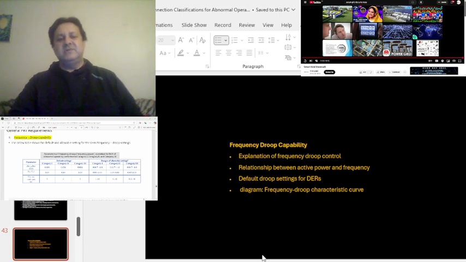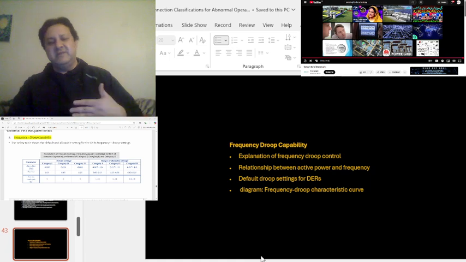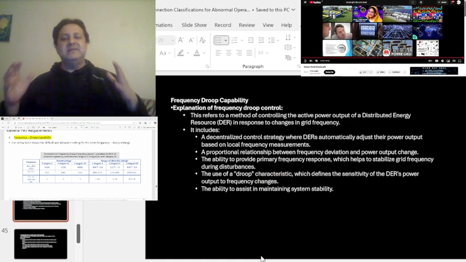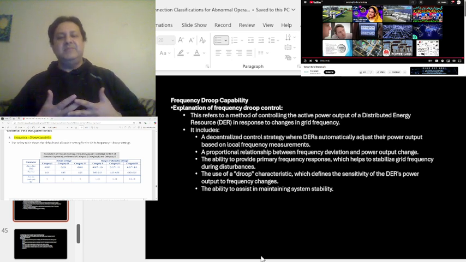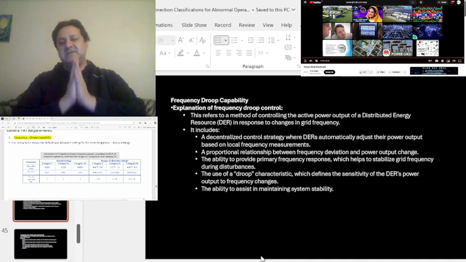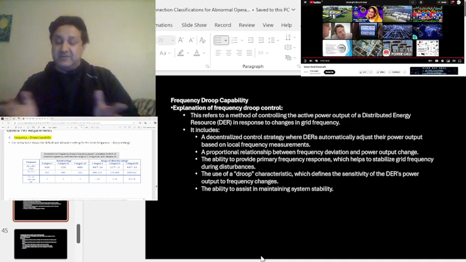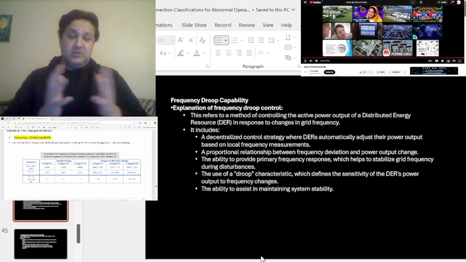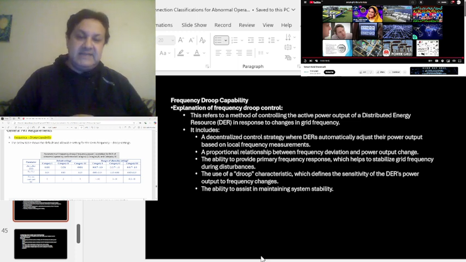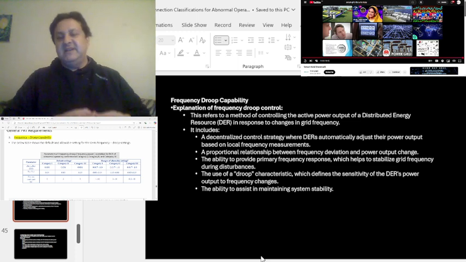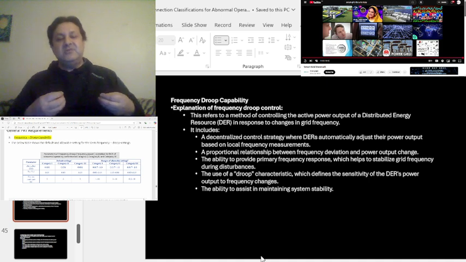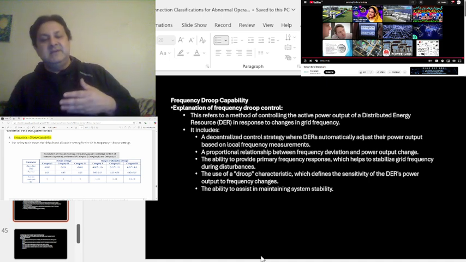Explanation of frequency droop control: the relationship between active power and the frequency. This refers to a method of controlling the active power output of a distributed energy resource, DR, in response to changes in the grid frequency. If the frequency is changing, we talk about the droop capability. That includes a decentralized control strategy where DRs automatically adjust their power output based on local frequency measurements.